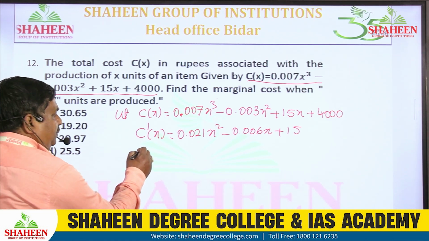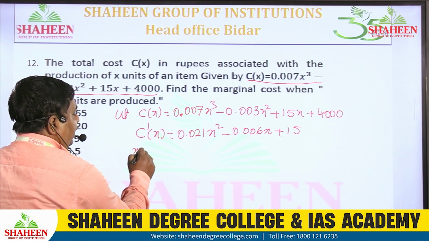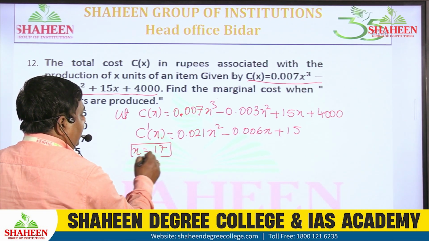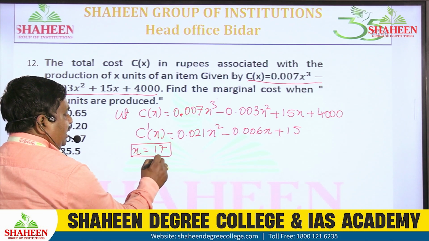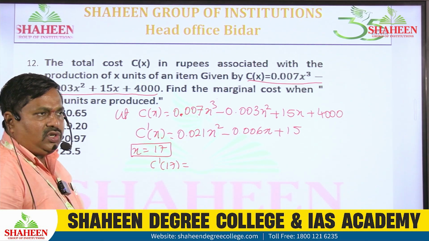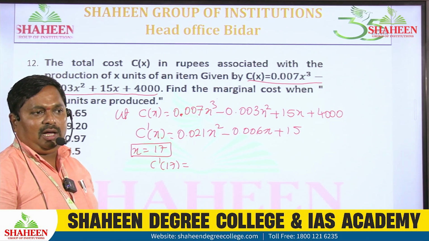Next, how many items are produced here? 17 units of items are produced. Then C dash of 17 means the marginal cost when 17 units are produced.